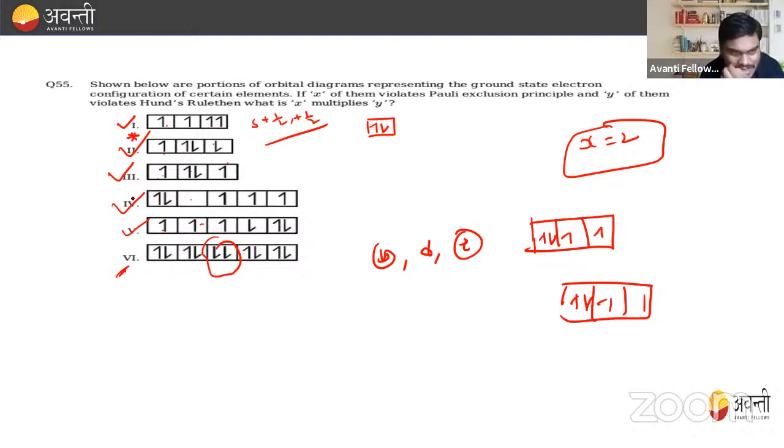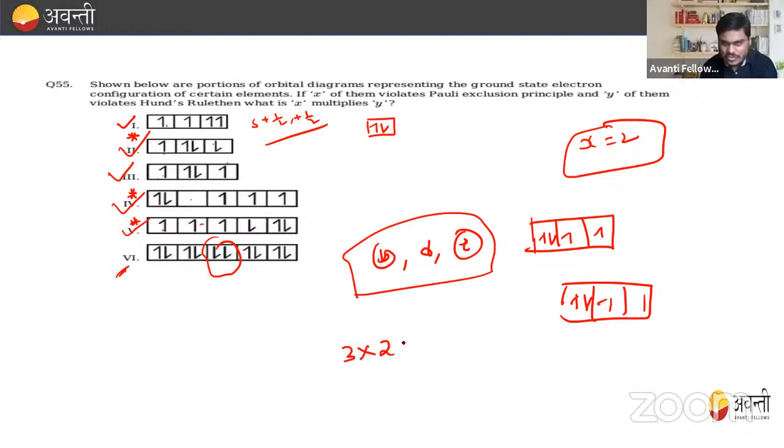That is B, this is D, and this is E. These three violate Hund's rule. Now, what is the correct answer then, beta? Multiply these: 3 into 2, that is 6. Right? 3 into 2 is 6. So the total is 6. One more important note here.